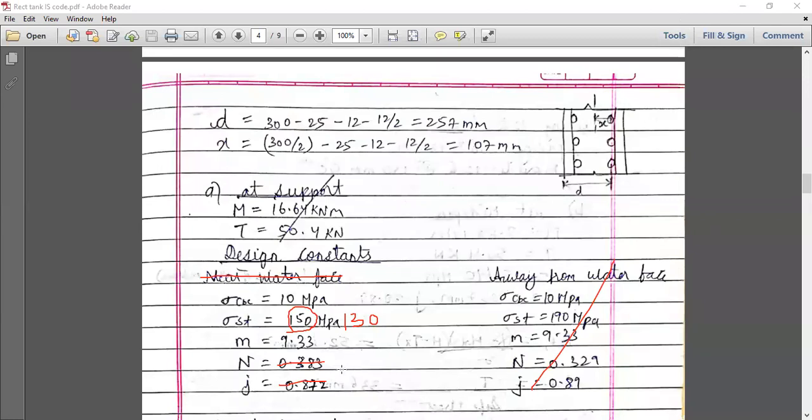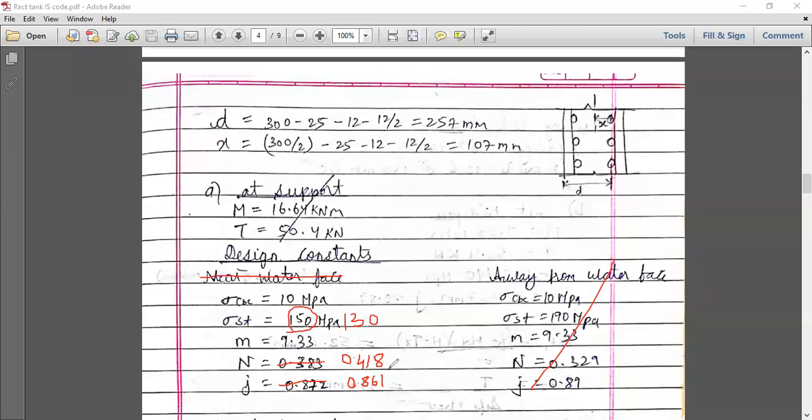Devansh is saying 0.418. Okay, so after doing a couple of problems, for the particular grade and particular concrete, you will memorize the values also. For a particular grade of concrete and steel, it will remain the same. And this is 0.861. ठीक है, तो इसमें ज़्यादा टाइम लेने की ज़रूरत नहीं है एग्जाम्स में. So you can directly use these values.